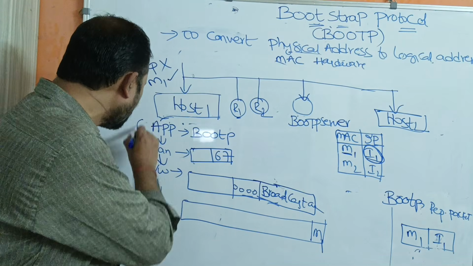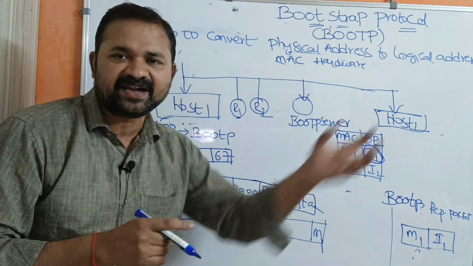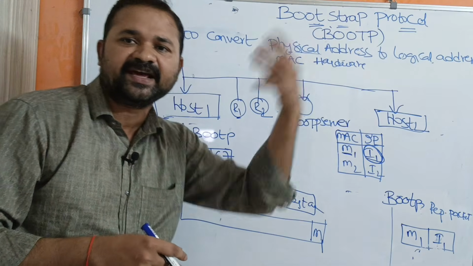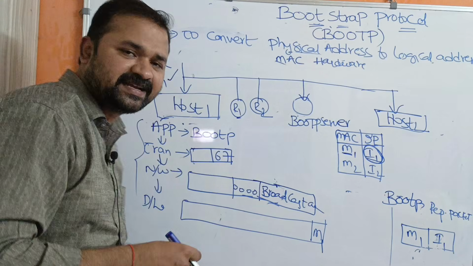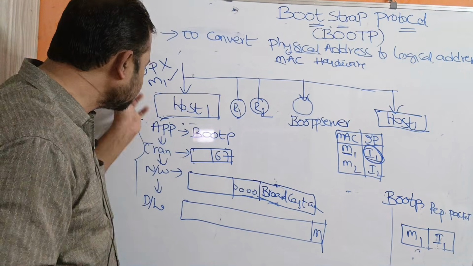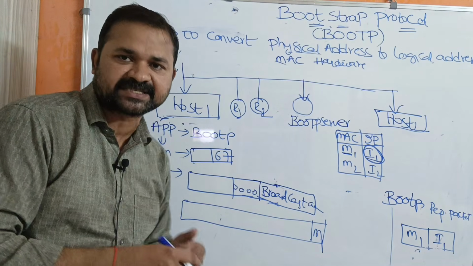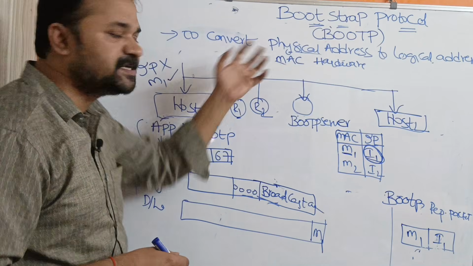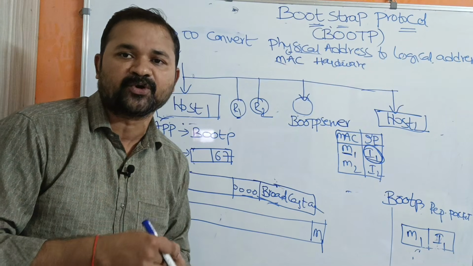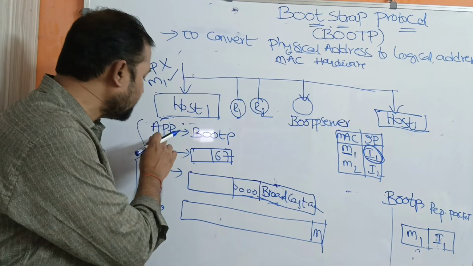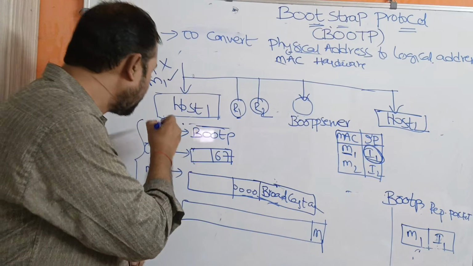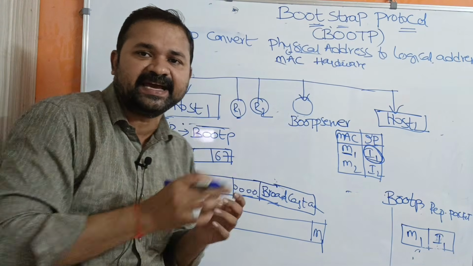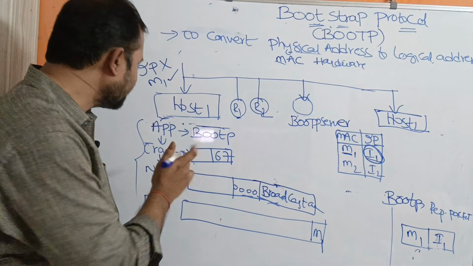This is host 1's layers. We will have different layers such as session layer, presentation layer, application layer, transport layer, network layer, data link layer, and physical layer. We know that BOOTP is an application layer protocol, so at the application layer the BOOTP protocol works. From BOOTP we send a BOOTP message.